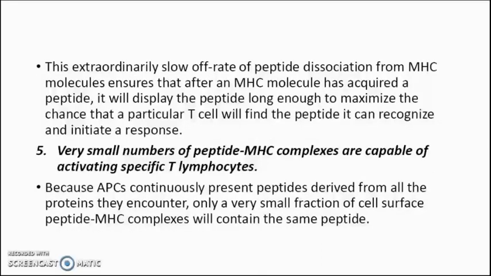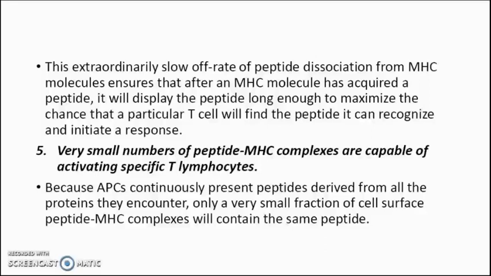This extraordinarily slow rate of peptide dissociation from MHC molecules ensures that after an MHC molecule has acquired a peptide, it will display the peptide long enough to maximize the chance that a particular T cell will find the peptide it can recognize and initiate a response. Number 5, a very small number of peptide MHC complexes are capable of activating specific T lymphocytes.